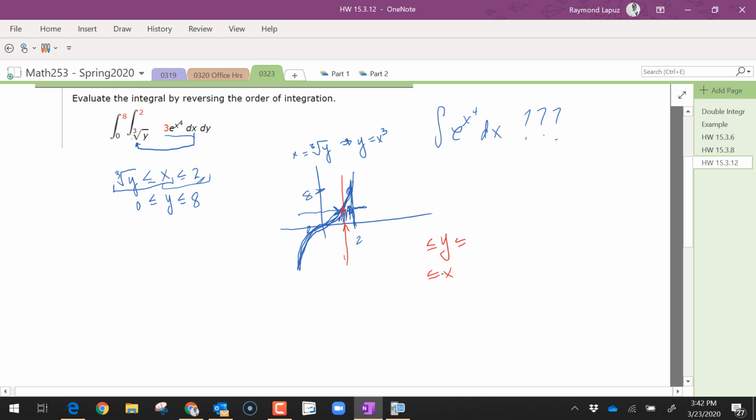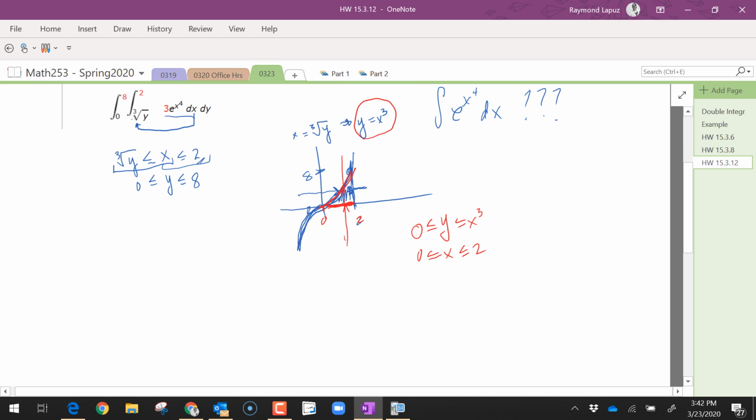My x limits will be constants, and you'll probably see that's going to be just 0 to 2, but let's figure out the y first. y is going to come in here at 0, and then it's going to get out of the region at this function, and we had already solved for y in this case, so we know that this is going to be x cubed. And then your x limits are just going to go from 0 to 2.